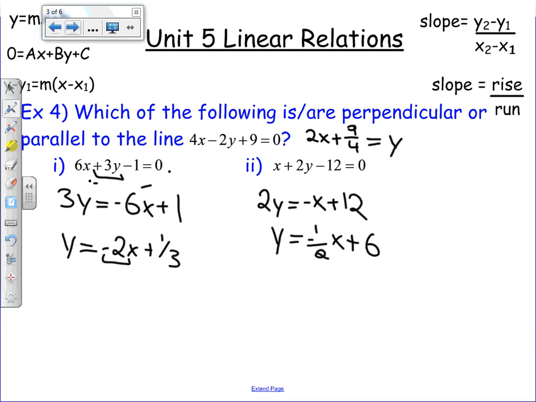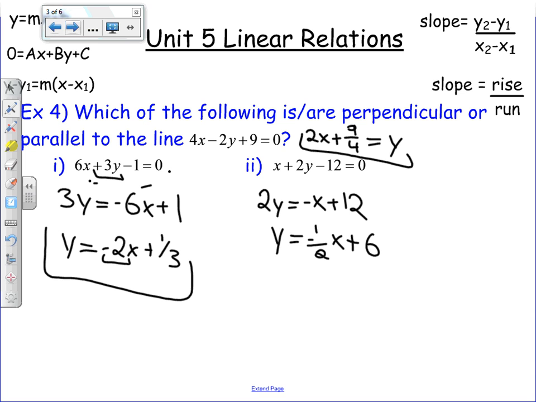So, which one of these lines is parallel? Josh? So this one and this one are parallel? Why are they parallel? Do they have the same slope? No, they don't.